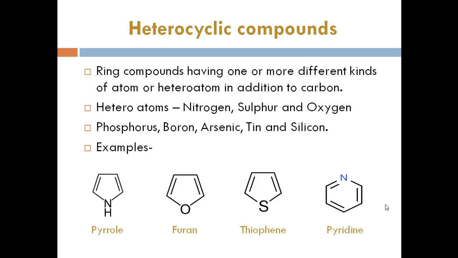So first of all, what is a heterocyclic compound? These are compounds containing a ring in the structure, right? These are ring compounds having one or more different kinds of atom, or heteroatom, in addition to carbon.